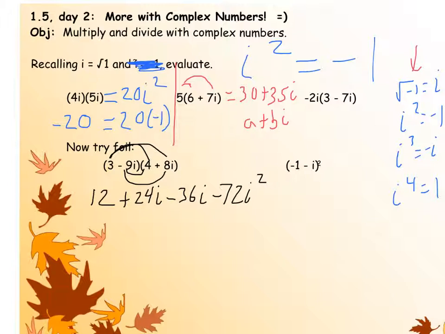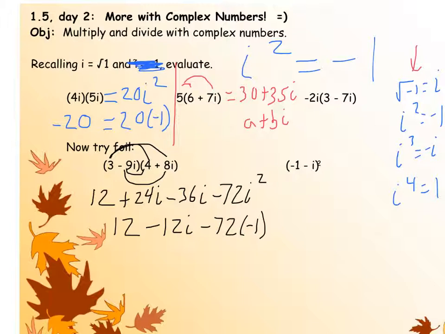Now, as far as simplifying goes, I've got my 12. I'm going to leave that for the moment. 24i minus 36i, those are like terms. Okay. And over here, I will have minus 72, and I am going to substitute -1 in at this point.